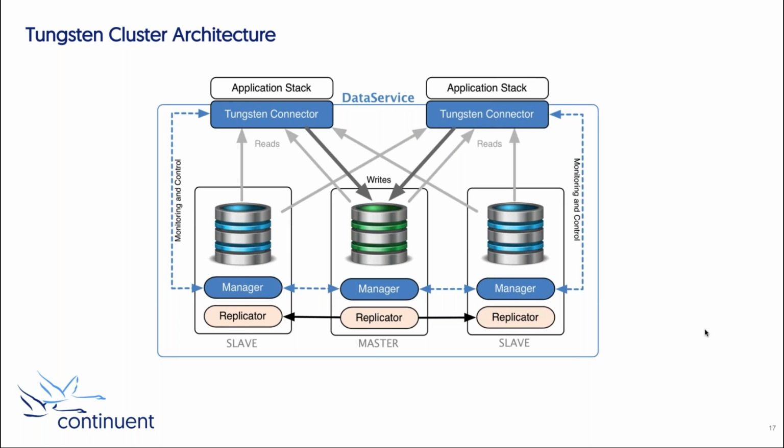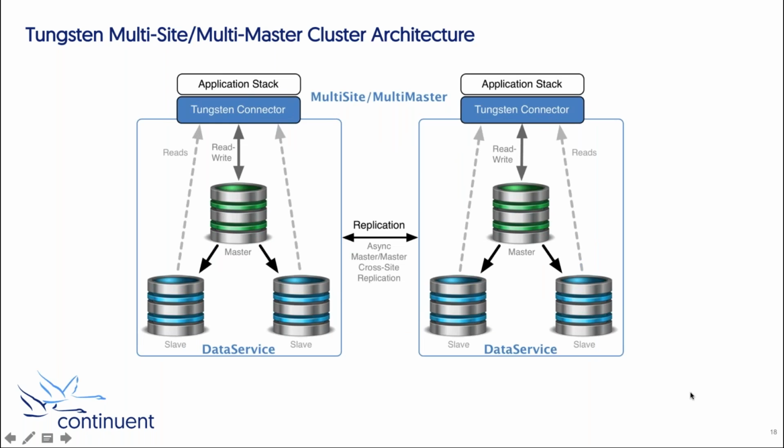And I'll just cover a couple more slides since we're running a little bit low on time. If we go to the next slide, we have multi-site, multi-master. And what we've done basically is we've taken 2 Tungsten clusters and joined them with Tungsten Replication in the middle, providing multi-site, multi-master.